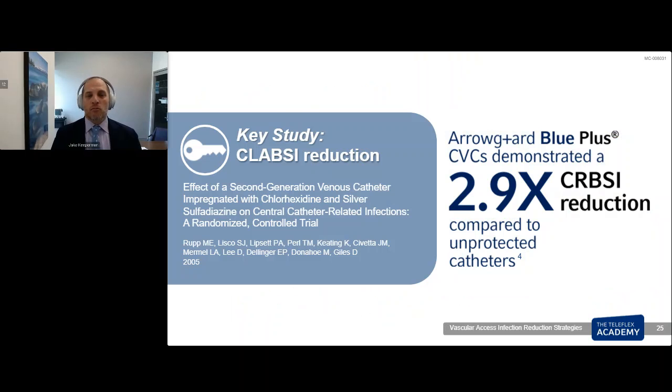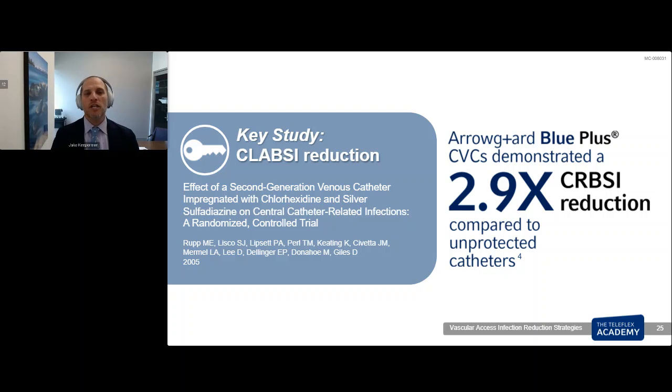The Arrowg+ard Blue Plus CVCs demonstrated a 2.9 times reduction in CR-BSI compared to unprotected catheters. That's based on an RCT study from 2005. That is really important to know. That study was not able to say that there were fewer bacterial infections because of the extremely low infection rate.